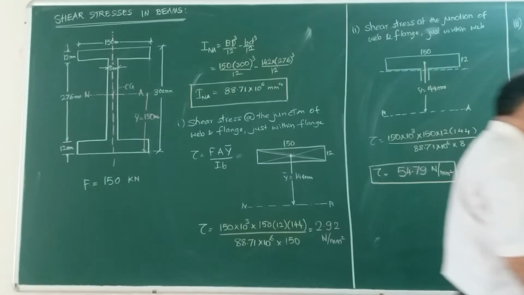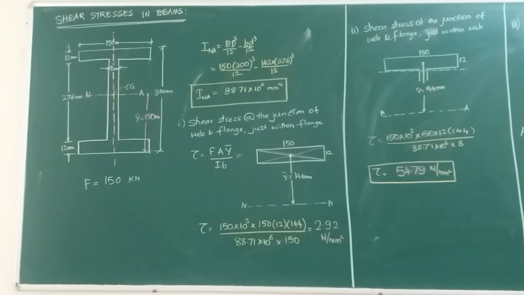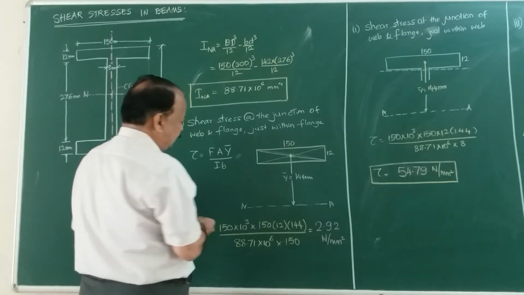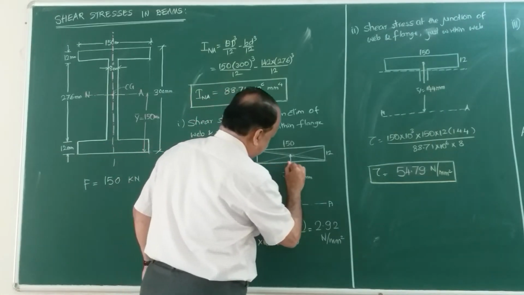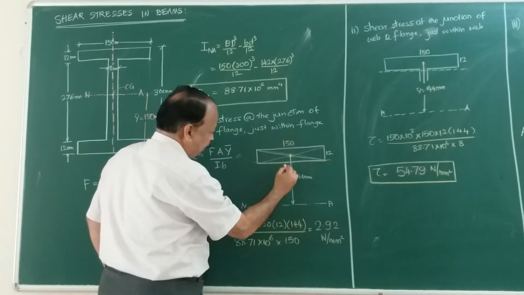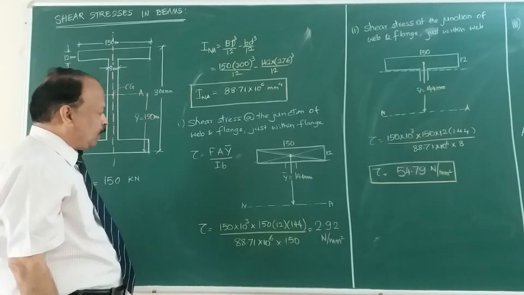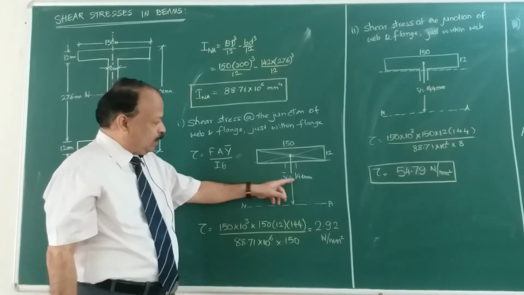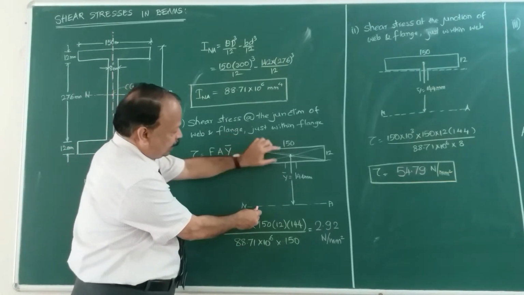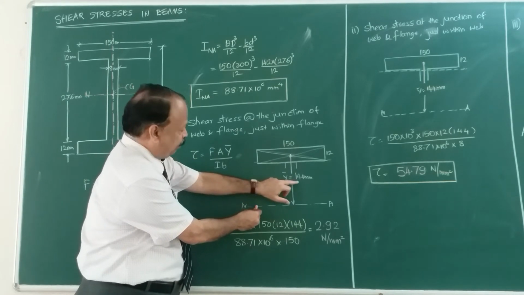We are considering a level just within the flange at the junction of the web. So the distance of centroid of that area is 150 minus 6 mm, that is 144 mm.